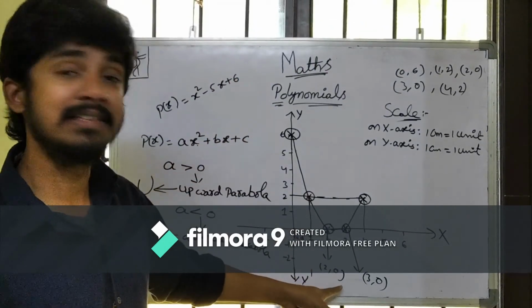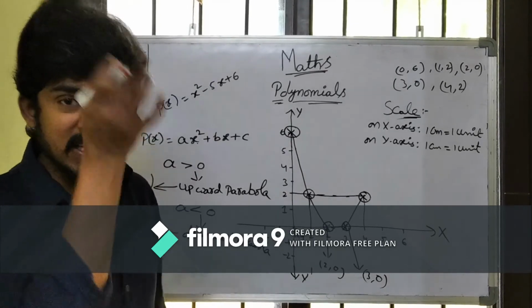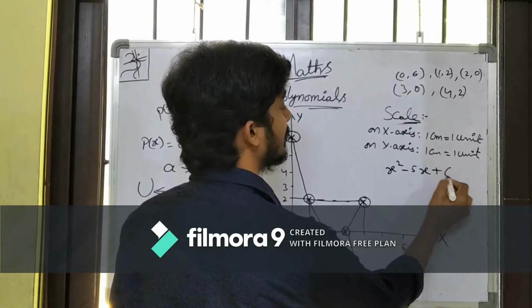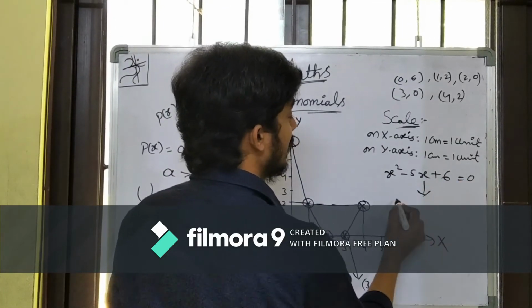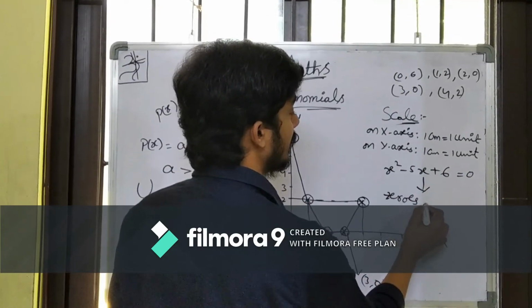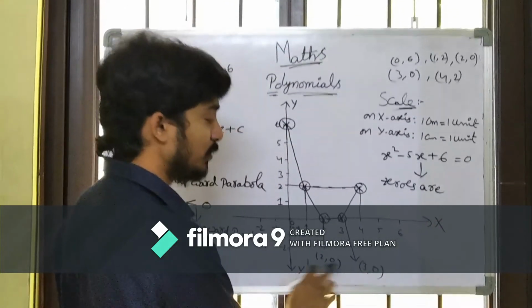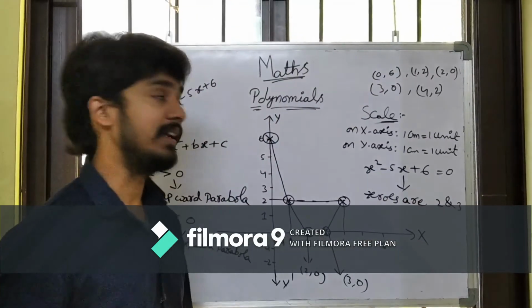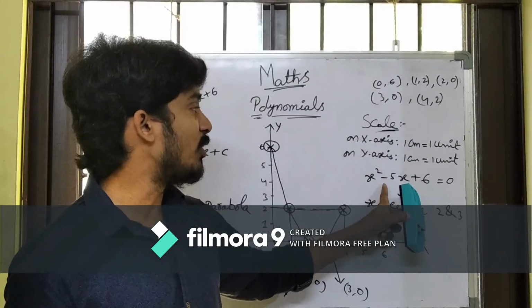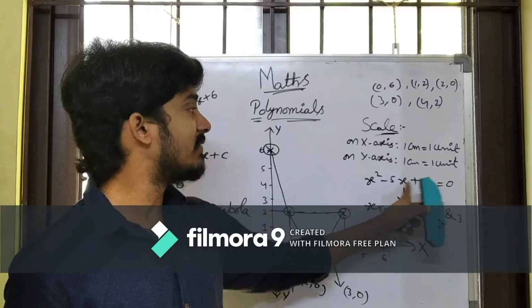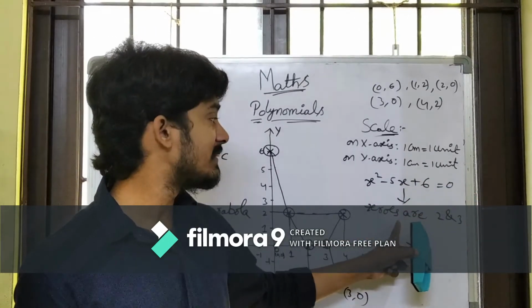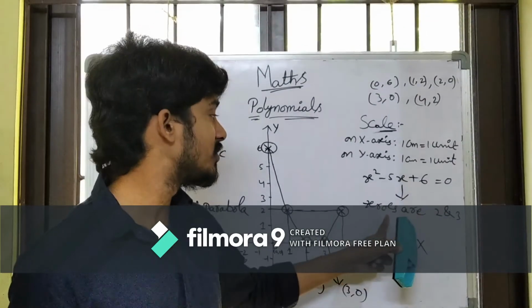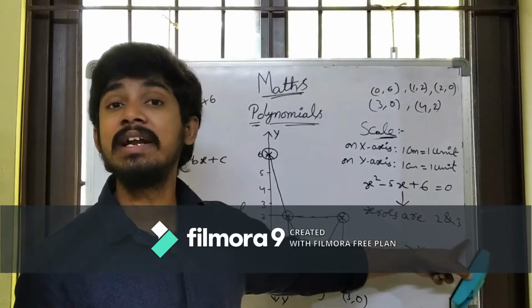The zeros of the polynomial equation x square minus 5x plus 6 equals 0 are 2 and 3.